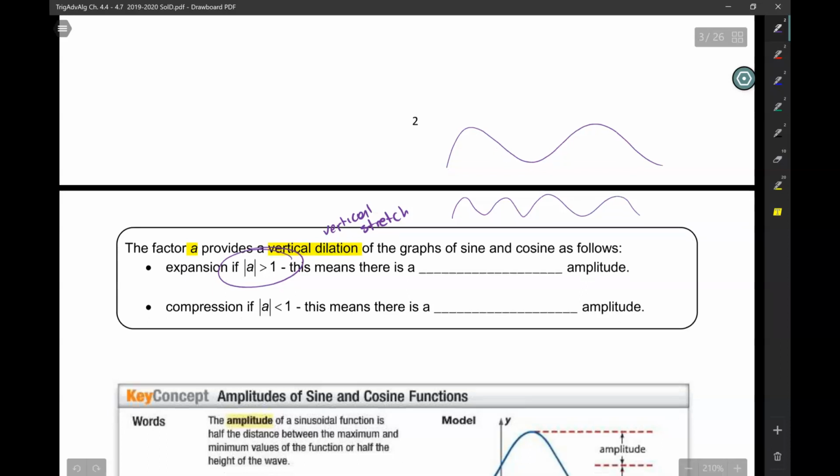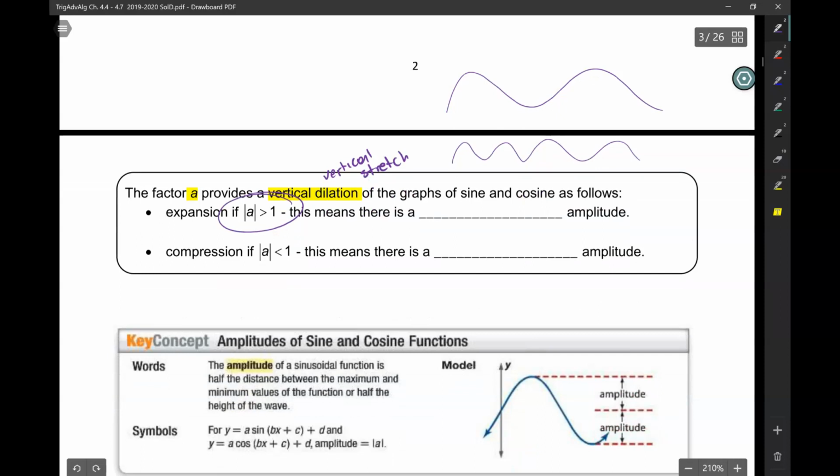Now, if the absolute value of A is greater than 1, this means there is a higher amplitude. If A is less than 1, there is a lower amplitude.